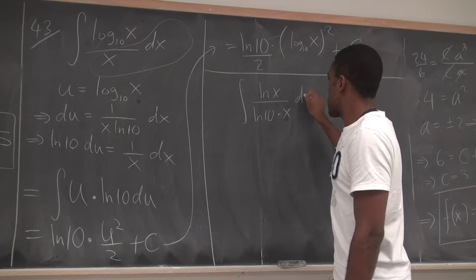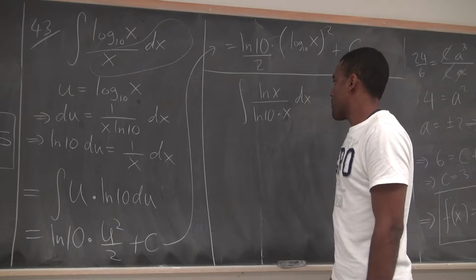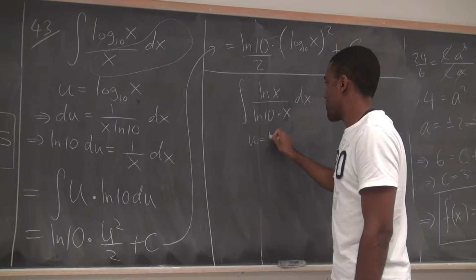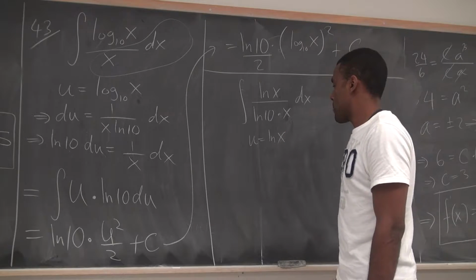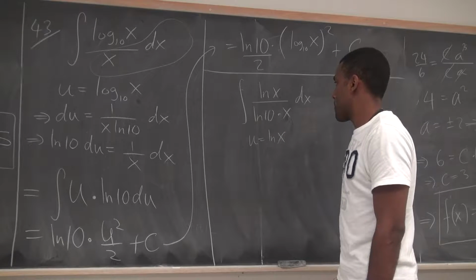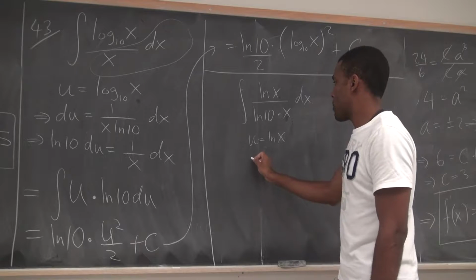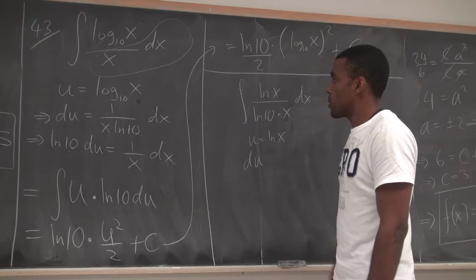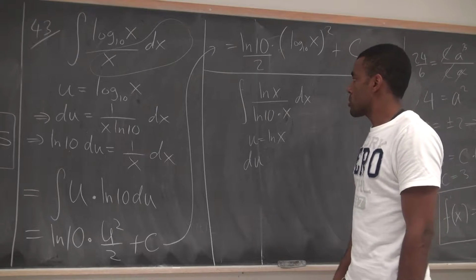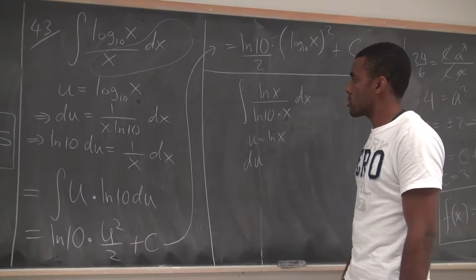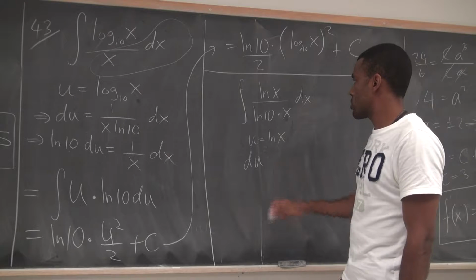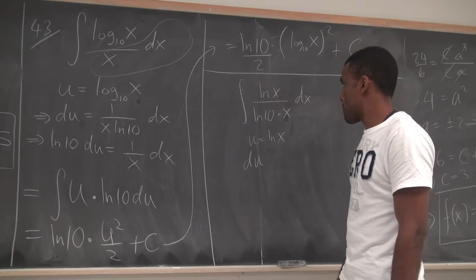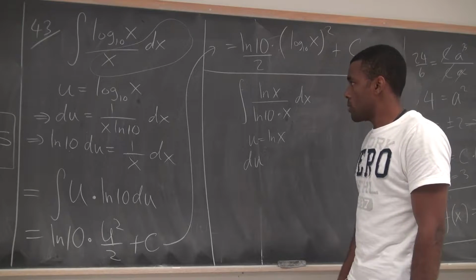And then I did u equals ln x, which is 1 over x, but ln 10 is a constant, so you could take that out of the integral already. So it would be 1 over ln 10 outside the integral, times the integral of ln x over x.